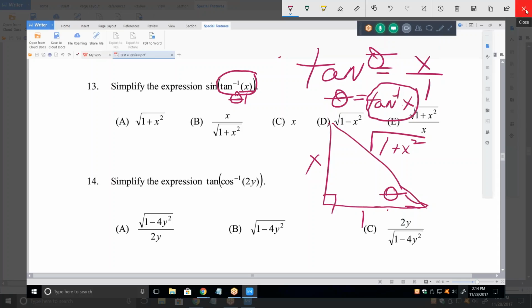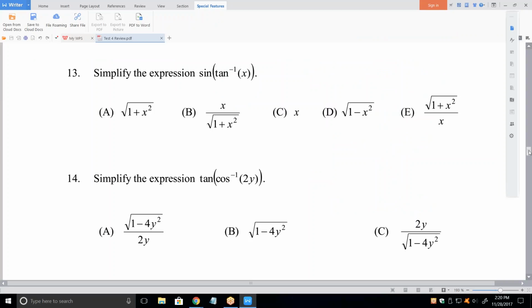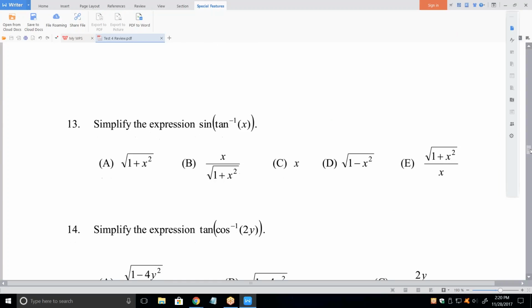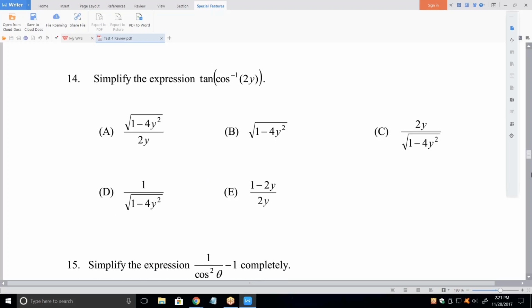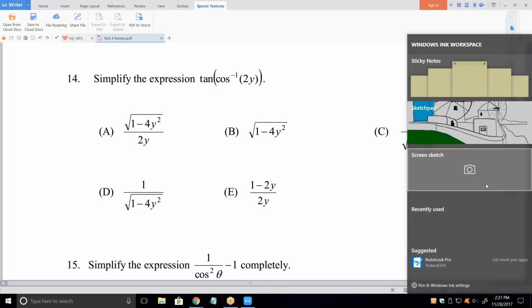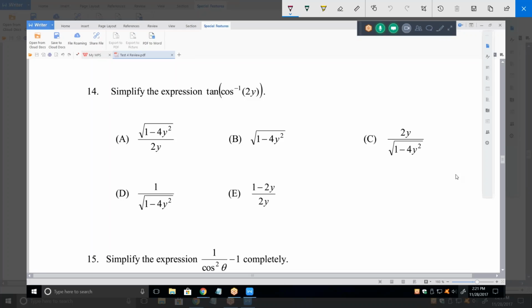All right. Now, the next one's pretty much the same thing. By that I mean we had on that last one the trig function of an inverse trig function. Well, this is the same thing. We have a trig function of an inverse trig function. So we're going to take the same strategy. First step.